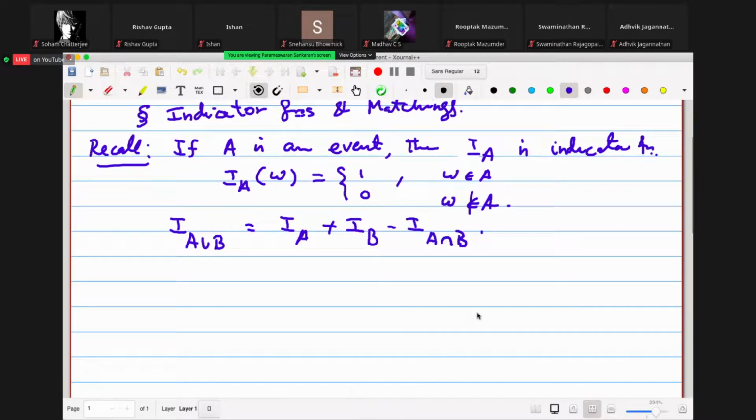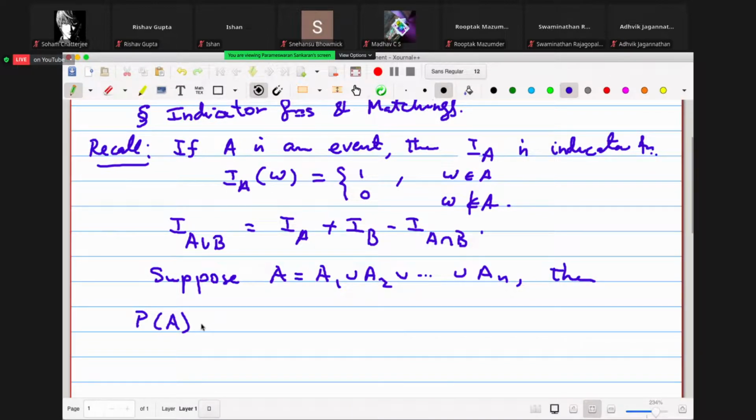And suppose you have A equal to A1 union A2 union up to AN, then the probability of A is equal to a sum over, let us just write this first of all.